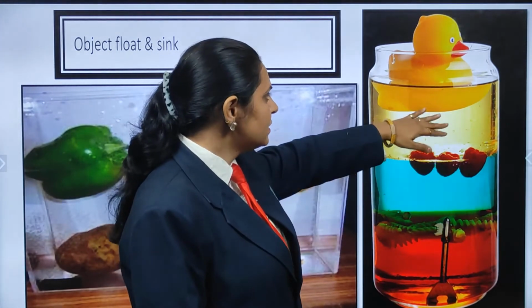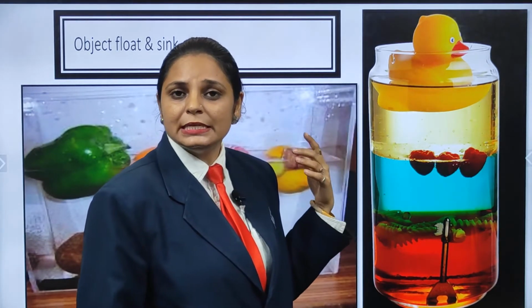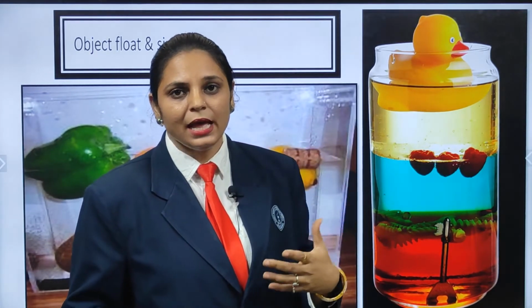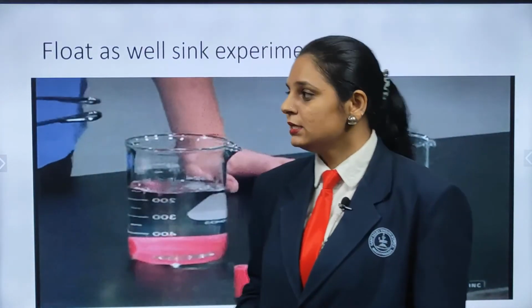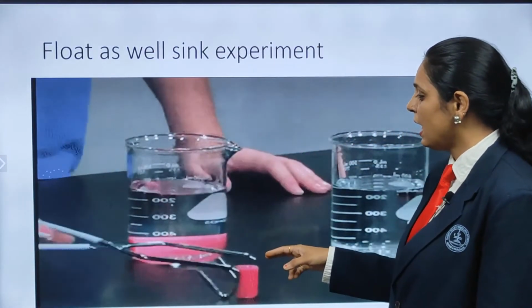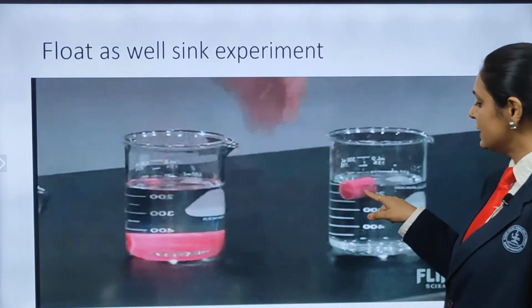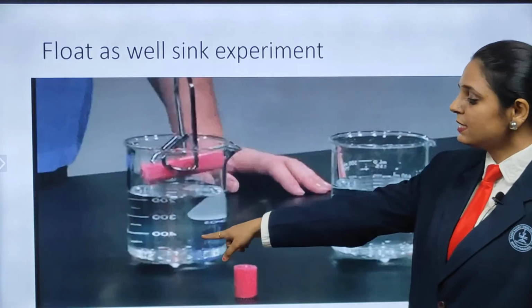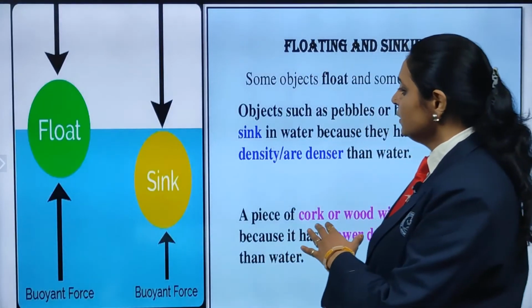But the other thing, this plastic toy, keeps on floating on the surface because it is lighter in weight as compared to water. So, this is how things sink and how objects float. This is lighter than the water and this is heavier than the water. That's why they float and sink.